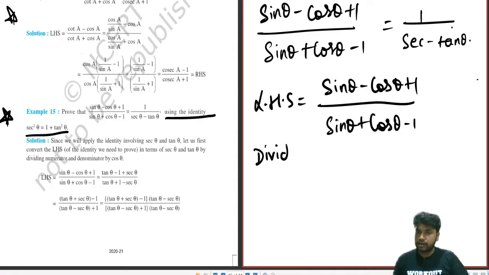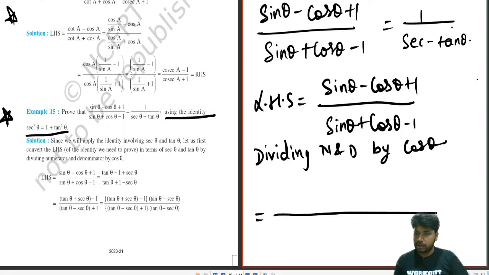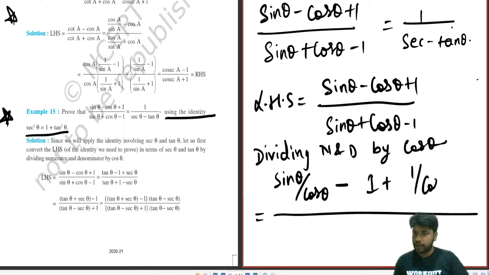Dividing numerator, obviously you would be writing in full, by cos theta. So this will give me, I will take a bigger step, sin theta by cos theta minus 1 by cos theta, wait, I am writing it directly: (sin theta by cos theta minus 1 plus 1 by cos theta) over (sin theta by cos theta plus 1 minus 1 by cos theta).